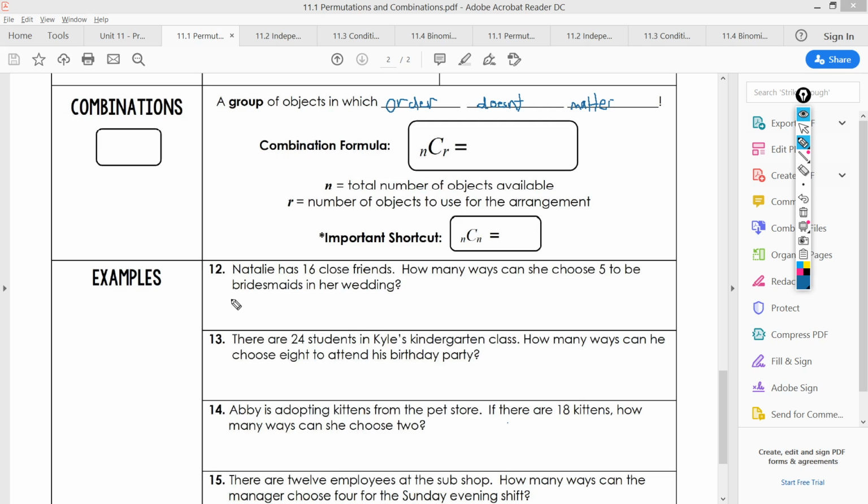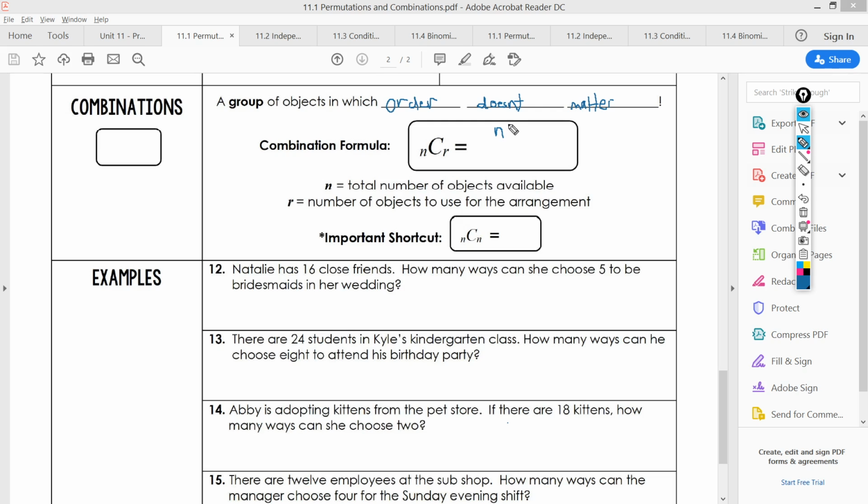The bridesmaids don't have a rank or an order. They're all equivalent. They're interchangeable. So order doesn't matter. It doesn't matter whether I pick Natalie's best friend Janie before her second best friend Erica, before they get into a fight and then aren't friends anymore in 2 weeks anyway. So our formula is a little different.